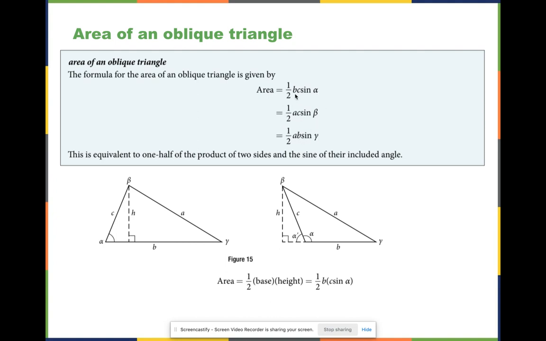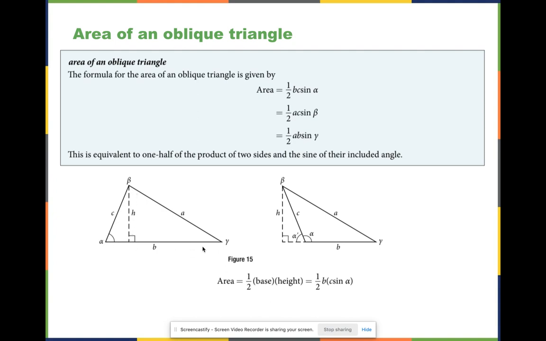All of this means if you have two sides and the angle in between them, you can just use these equations. Okay, so here's where they come from, just briefly. If we have a triangle like this, the area is just 1/2 base times height, which we know.